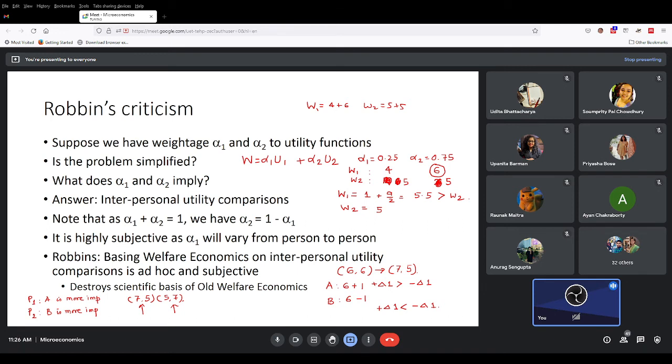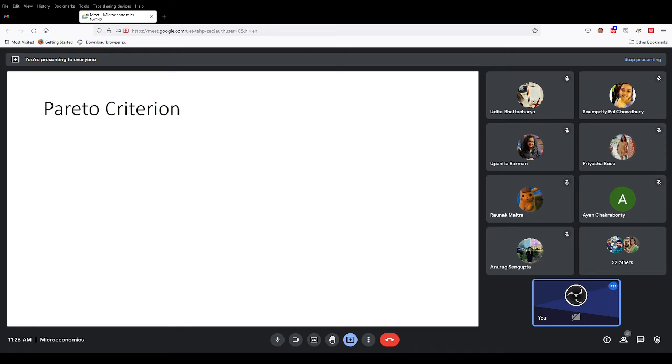I use the word friendship just as an example. Yes, sir. Understood. Okay, so if you make interpersonal comparisons, you're going to end up in trouble. A highly subjective decision making which is not robust. As soon as the situation changes, your output changes, the result is going to change.